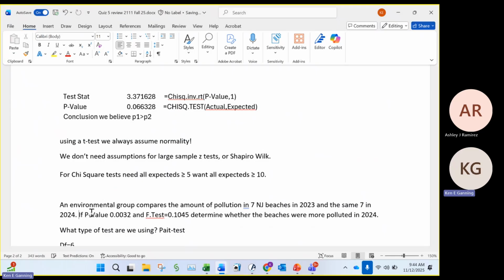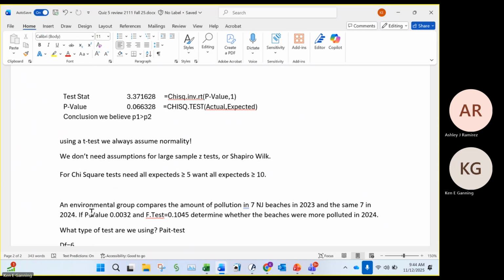If the p-value is 0.0032 and the test stat in an f-test is 0.1045, determine whether the beaches were more polluted in 2024.